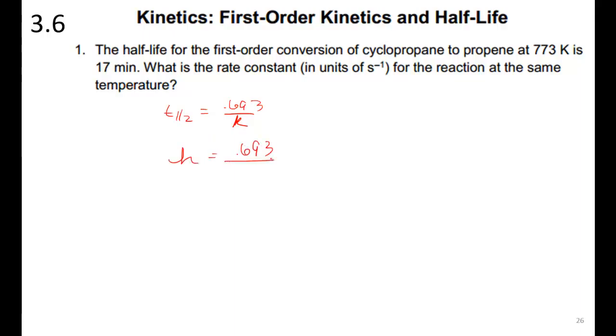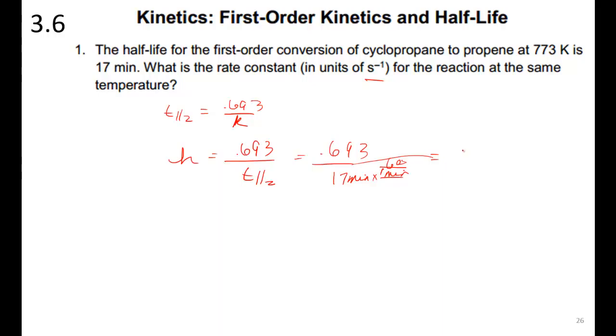0.693 over my time at 1/2, okay? And I want units of s to the minus 1 for my k, so it's 0.693 over 17 minutes times 1 minute under 60 seconds, right?